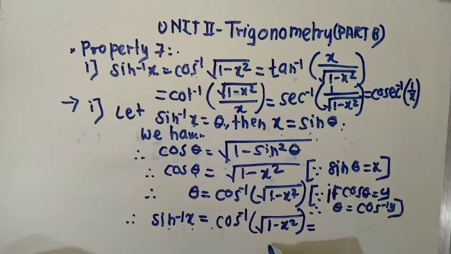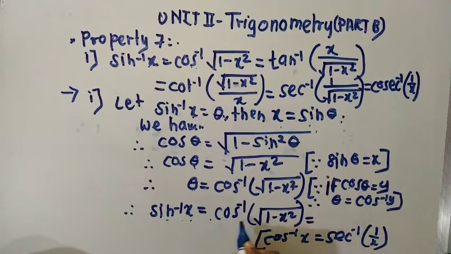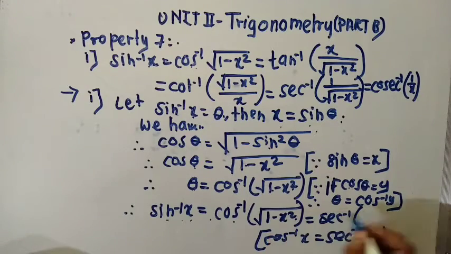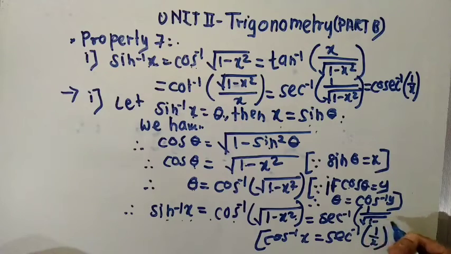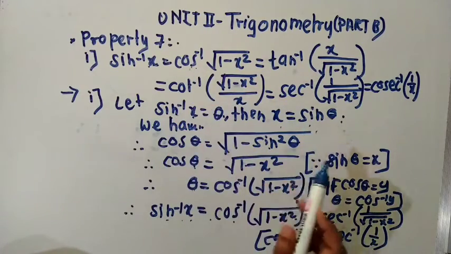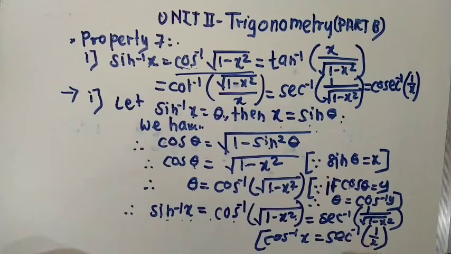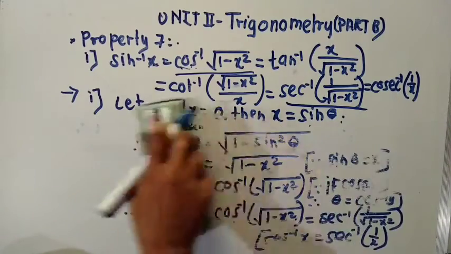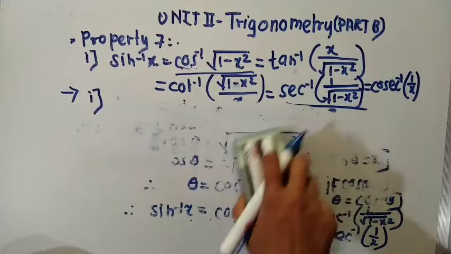But cos inverse of x is equal to sec inverse of 1 upon x, hence cos inverse of this is sec inverse of 1 upon x, means 1 upon root 1 minus x square. Then cos inverse and sec inverse are proved. Then we find out in terms of tan inverse.